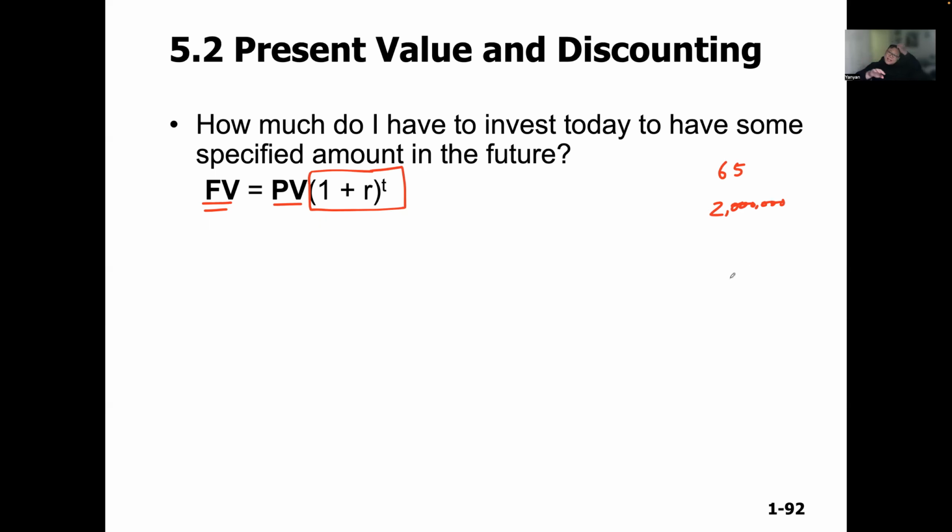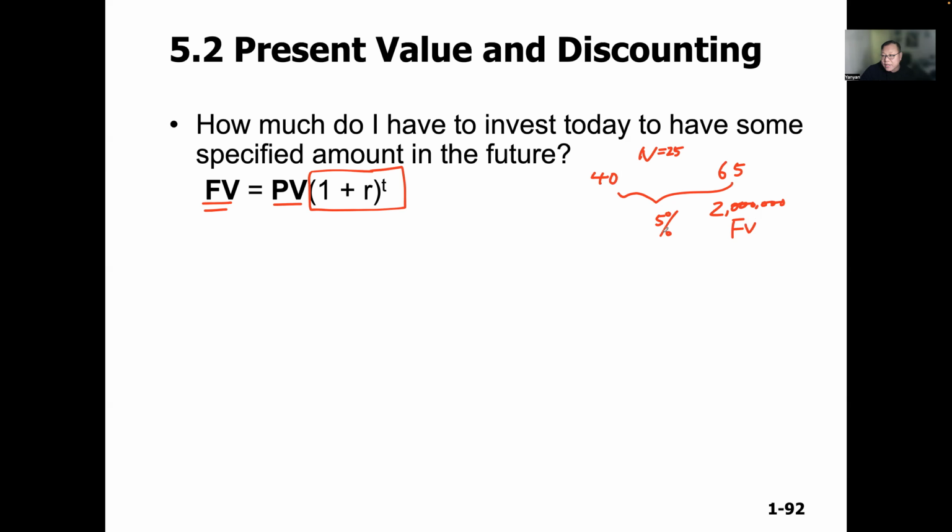So this $2 million is the later money on the timeline, at the age of 65. So this will be a future value. I know my future value, and suppose I'm right now 40, so n equals 25 years, okay? And let's say I'm earning an interest rate of 5%.